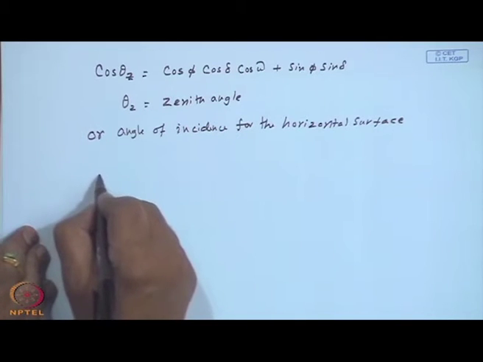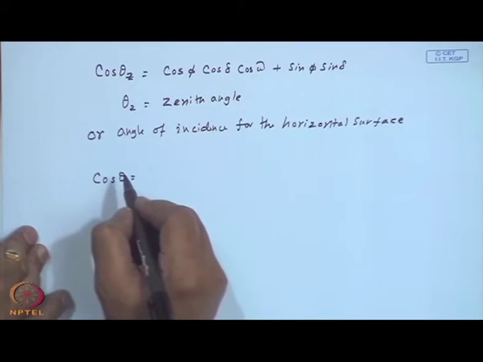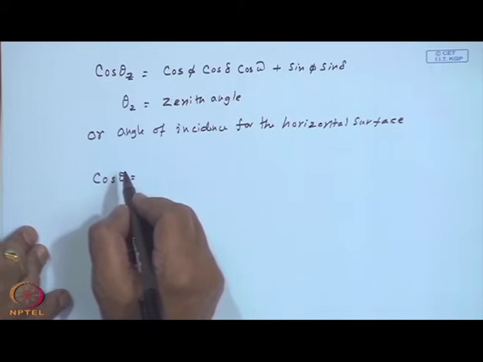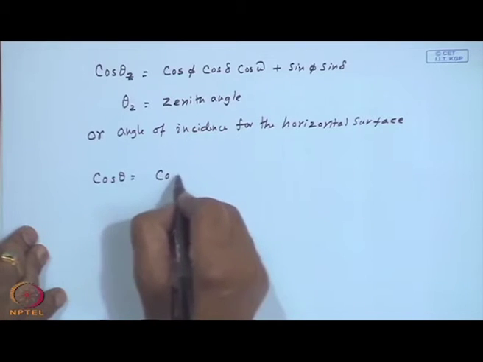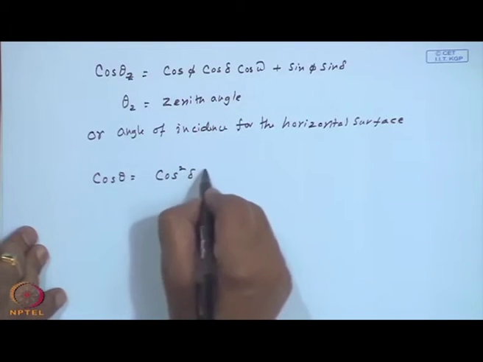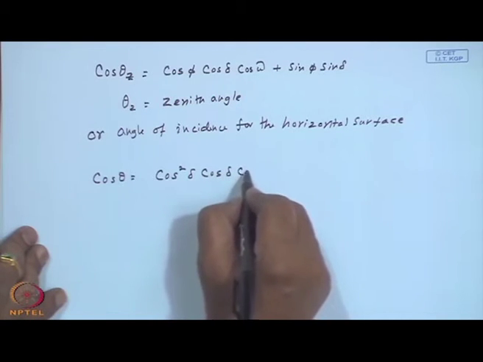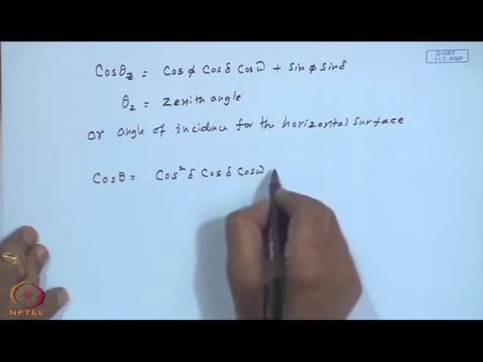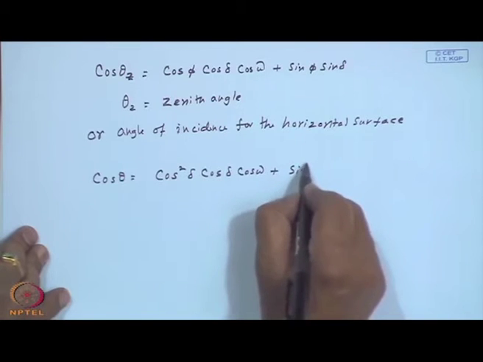Now, cos theta for the purpose of calculating RB or RB bar for focusing collectors is given by, let me repeat, so that it will be with you. You remember that the appropriate cos theta expression needs to be used for the tracking collectors.